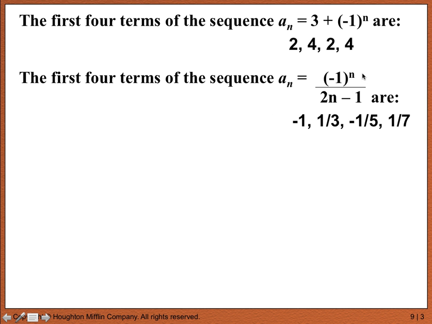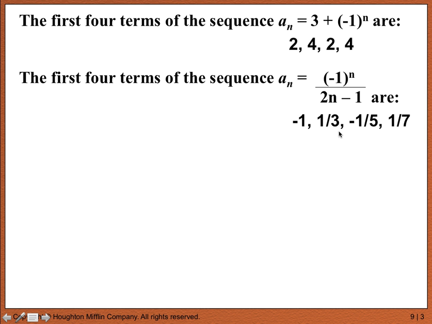For the second term, n is 2, so (-1) squared is +1, and in the denominator, 2 times 2 is 4, minus 1 is 3, so I get 1/3, and so on. So hopefully you get the point that n refers to what number term we're talking about.